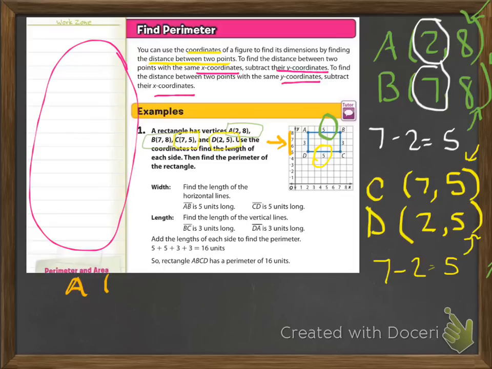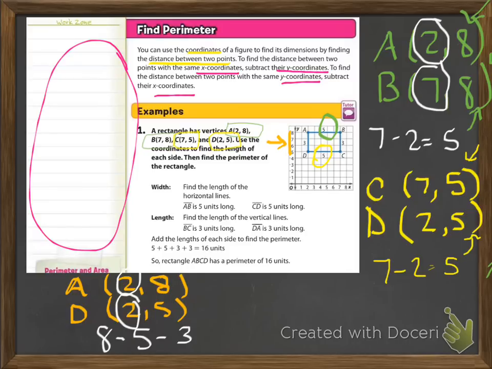Remember, the A coordinate was (2, 8), and the D coordinate was (2, 5). What do we have in common? We have the 2 and the 2 in common. So now we can simply find the difference: 8 minus 5 equals 3, and that gives us the side length. That is where we get this 3 right here.